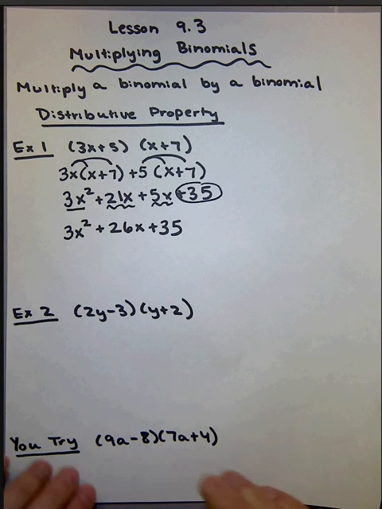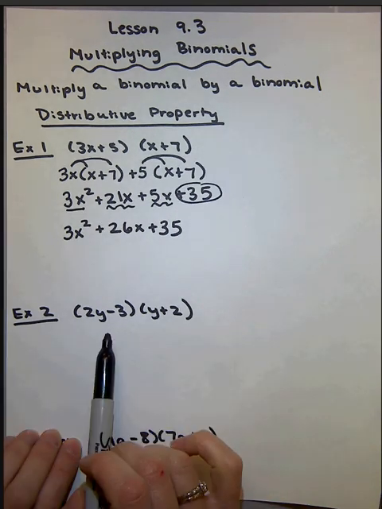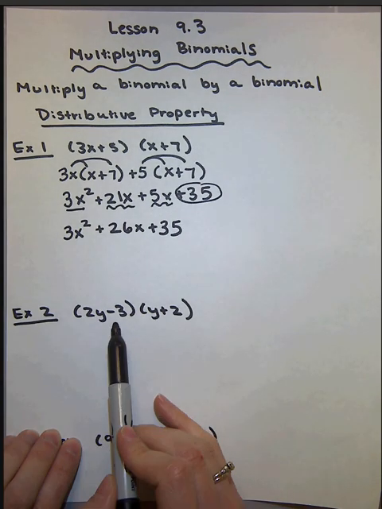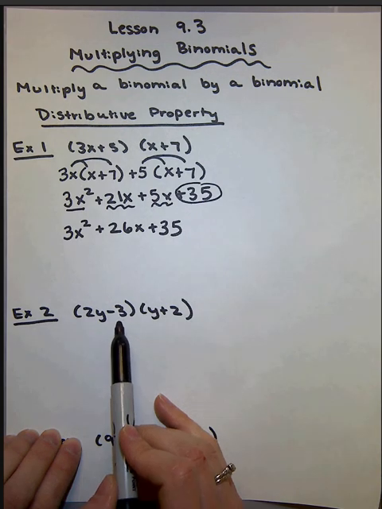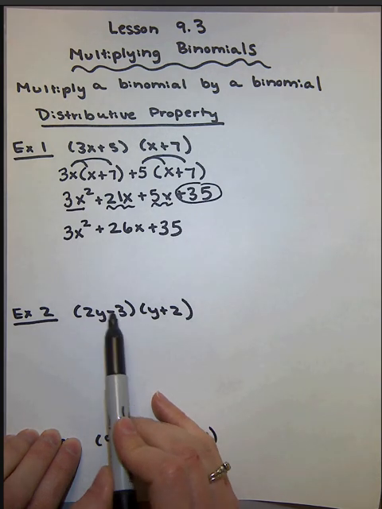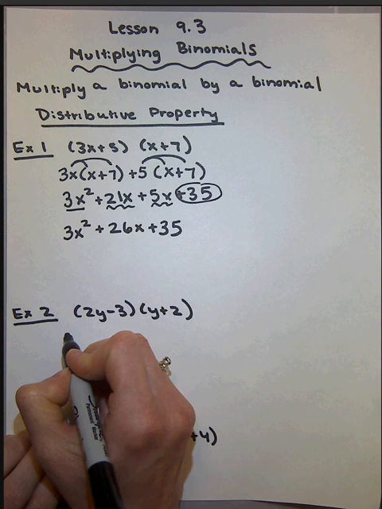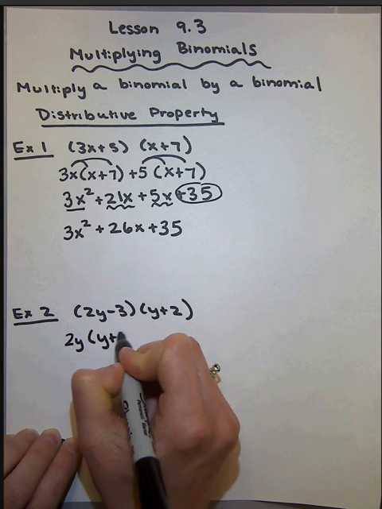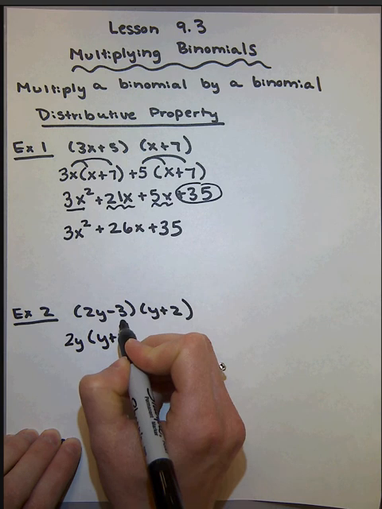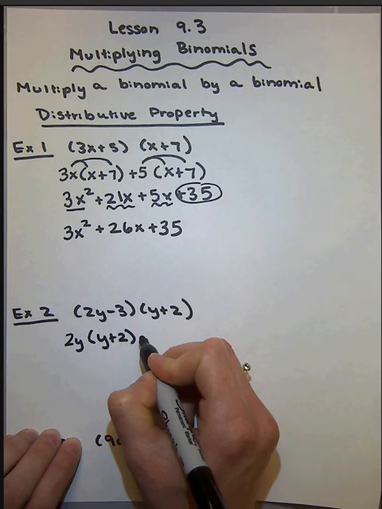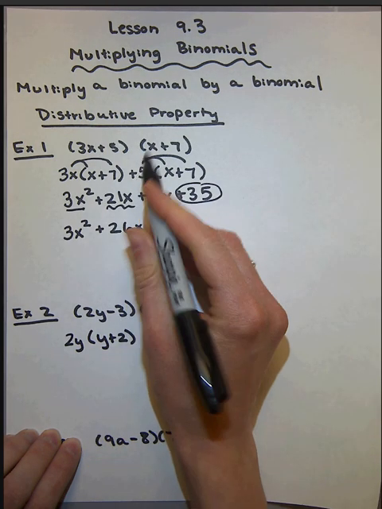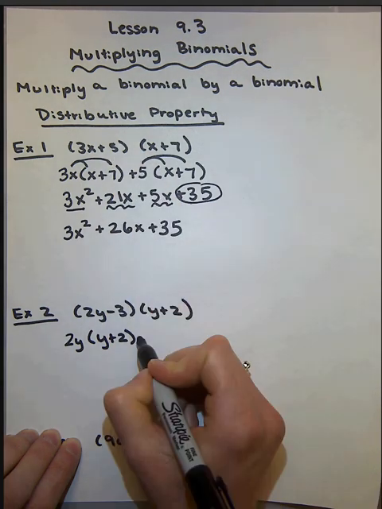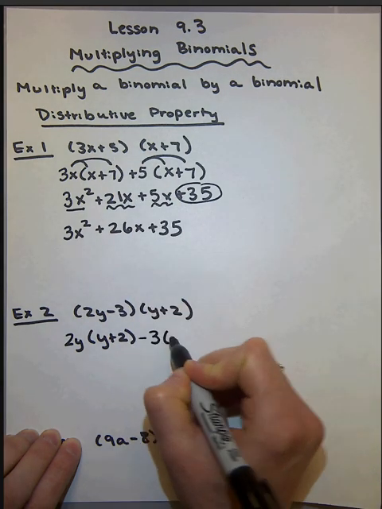Now I'm going to do the same thing with this next example, but you're going to notice this one's a little different because what have I got here? I've got a minus, so you have to be careful. So I'm going to break this up again. I'm going to go ahead and write 2y times y plus 2. And now this is a negative 3 I need to distribute. So instead of writing positive 5 like I did up here, now I write negative 3 times y plus 2.